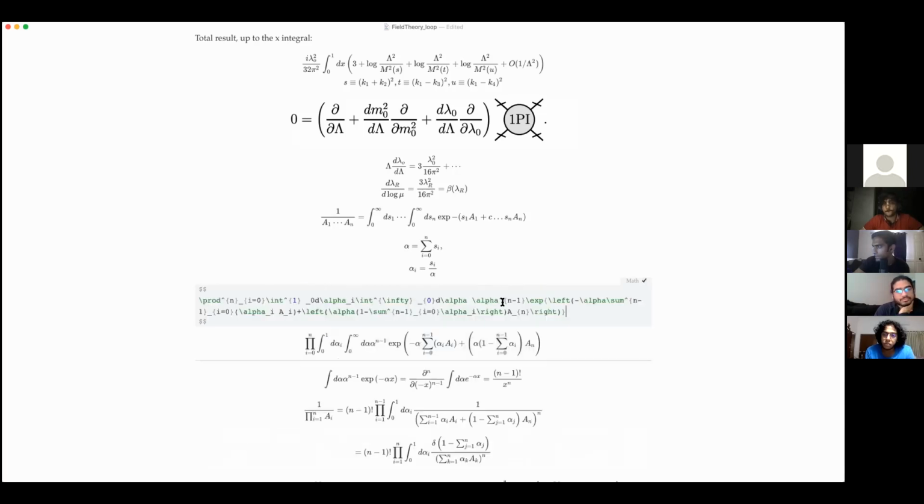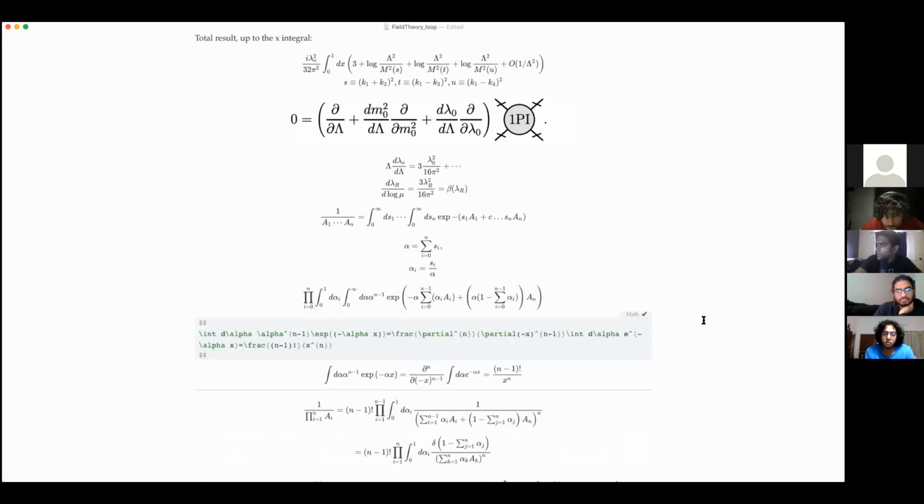Right, this looks ugly. Something's gone wrong. Okay. Right, so I do a change of integration variables. That's all that's going on here. But I have to remember that there's an alpha to the power n minus 1 here, right?